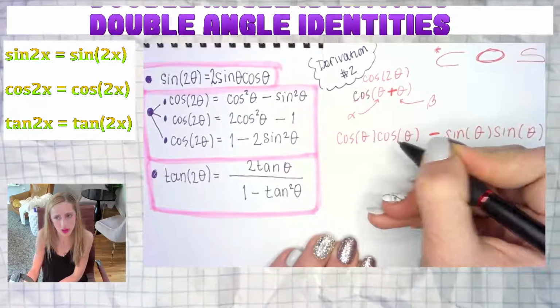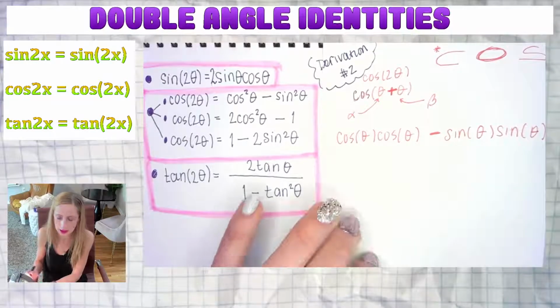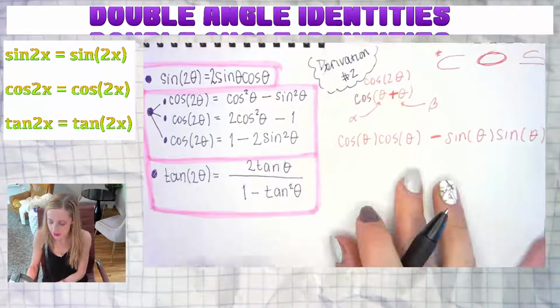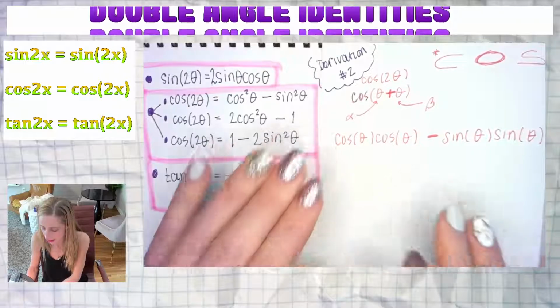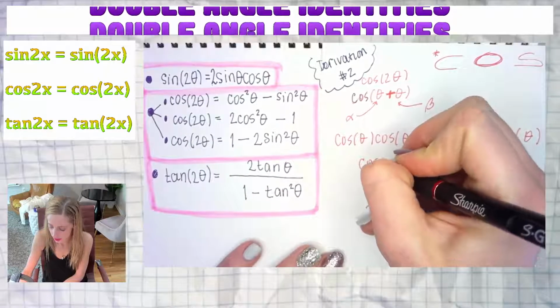Cosine theta times cosine theta. Don't overthink it. Don't make it more complicated than it needs to be. Anything times itself is the same as that thing being squared. So that would be cosine of theta.